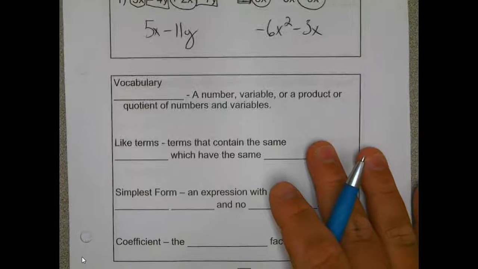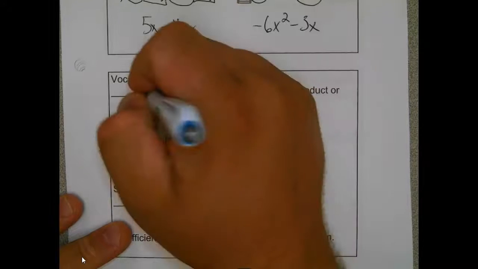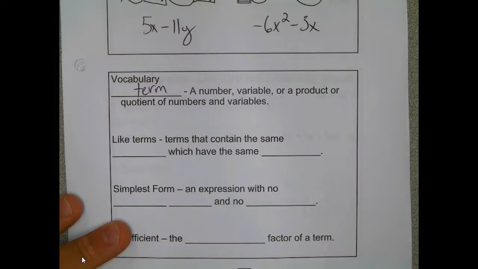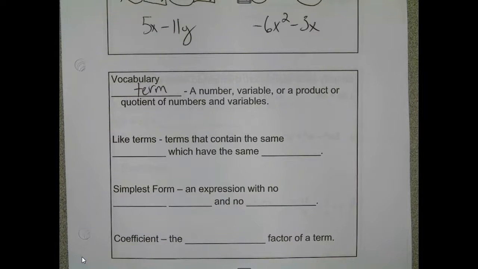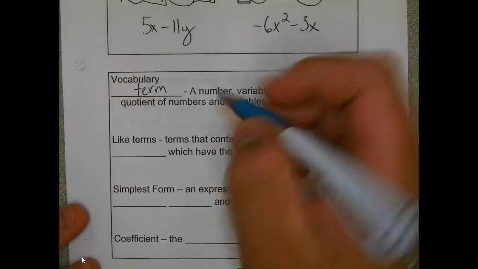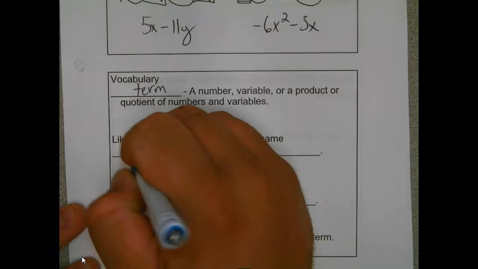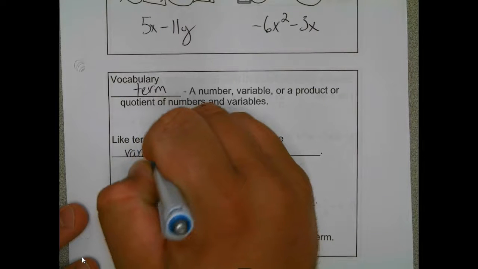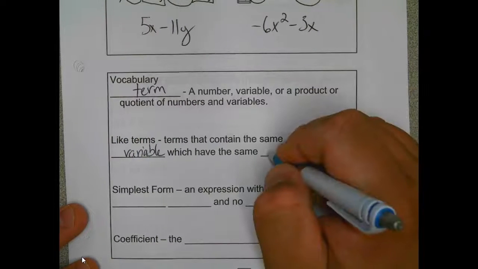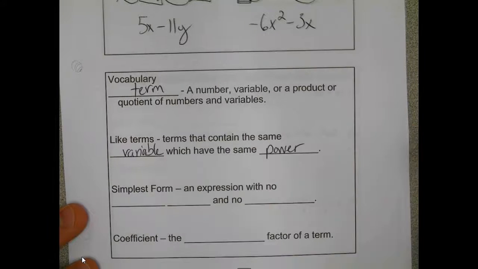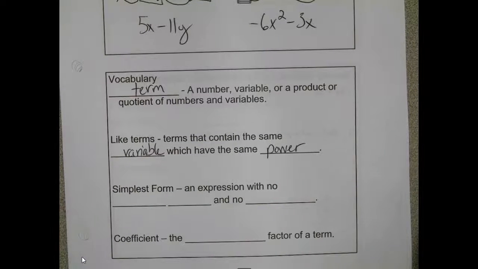Some vocabulary pieces you need to know. A term is a number, variable, or a product of numbers and variables. Like terms are terms that contain the same variable which have the same power. Obviously if there is no variable, you just combine them because they're all numbers.